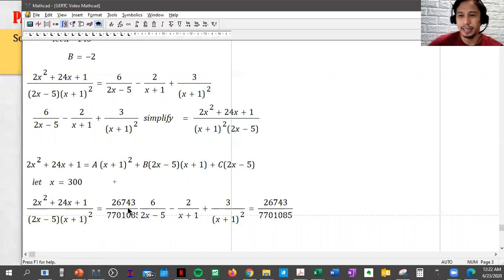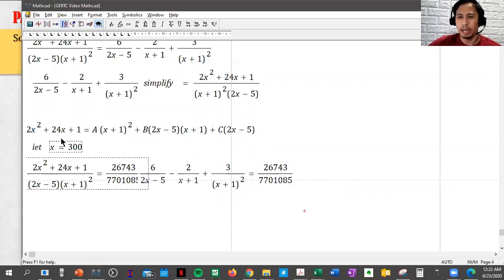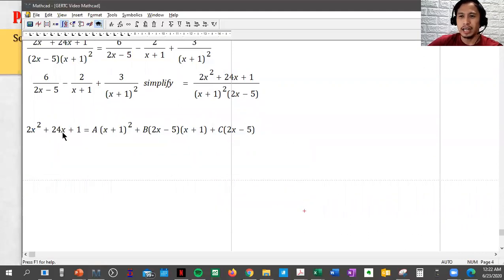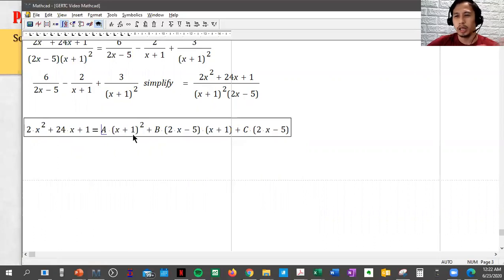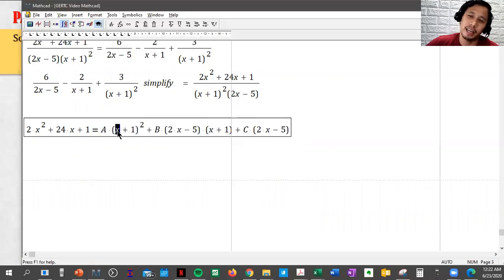Now, what does it imply? If we write it into this form, say we do not know the values of A, B, and C yet, and you have written that into this already, then if we simplify this, the coefficient of x squared, the numerical number beside the x squared, must be equal to 2.